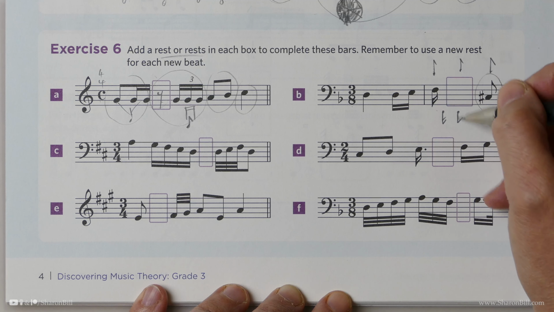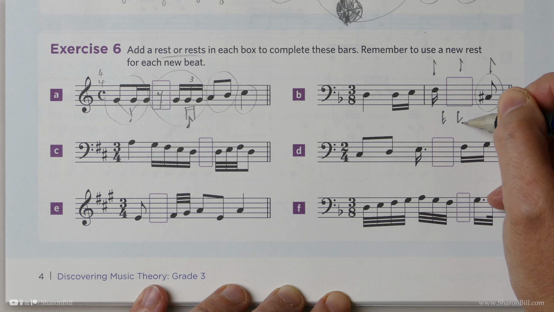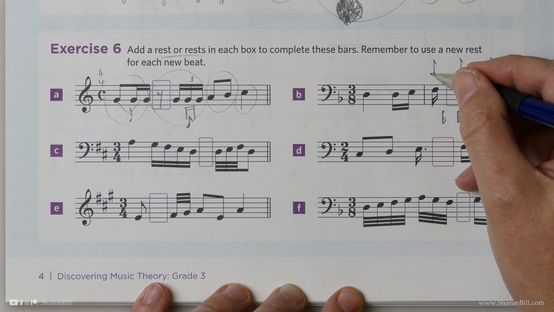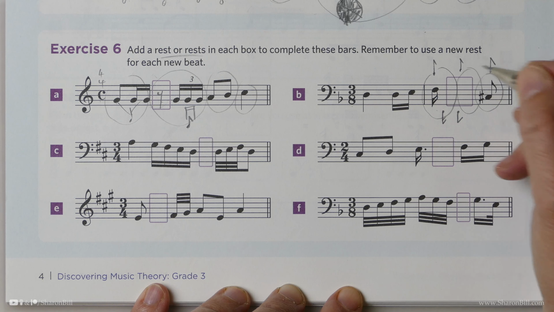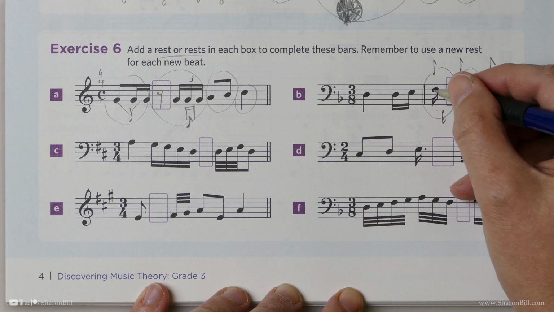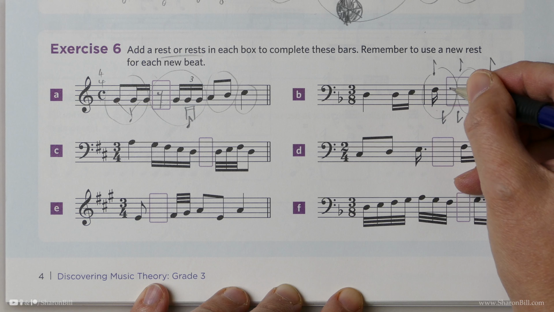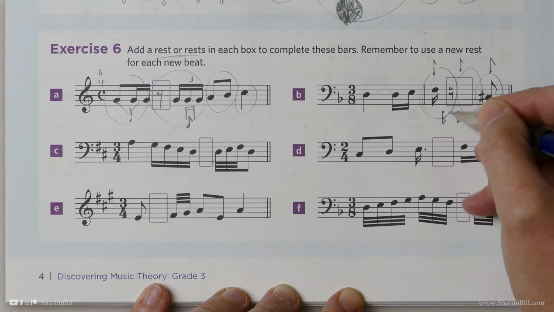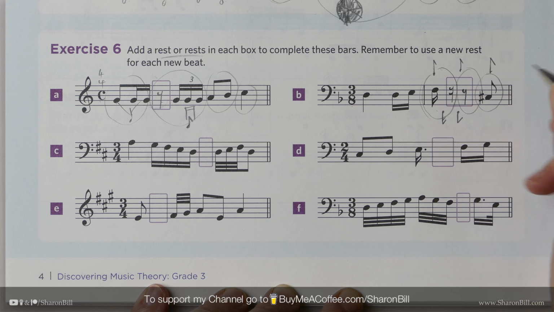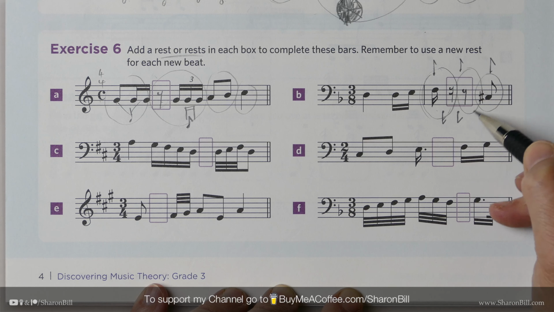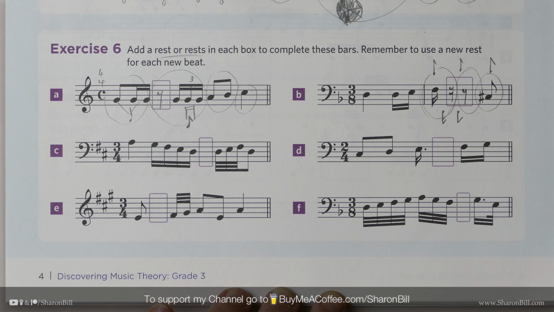You cannot just add, say for example, a dotted quaver rest, because we need to finish beat 1 and show the start of beat 2. So we're going to have to finish beat 1 with a semi-quaver rest. So there's beat 1, and then beat 2 is a quaver rest showing beat 2. So that's beat 1, that's beat 2, there's beat 3.